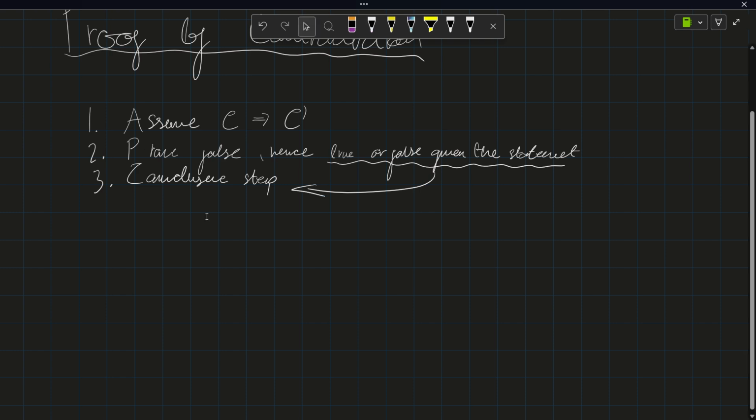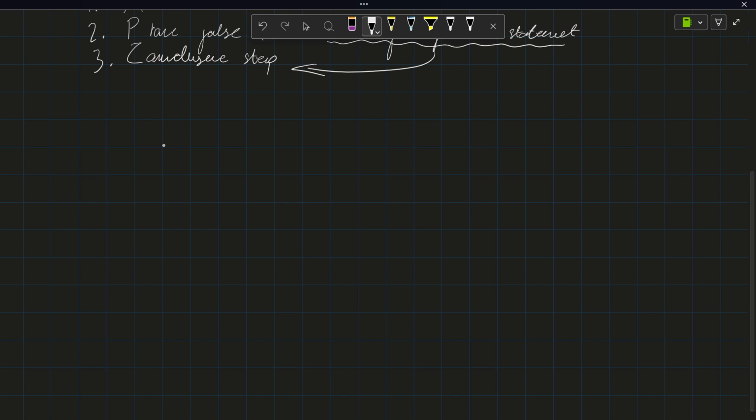So to explain, you already know how to do this, but a common example is root 2 is rational. Yeah, we'll do rational.